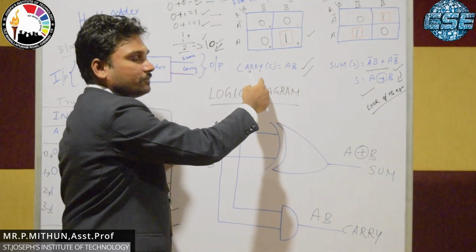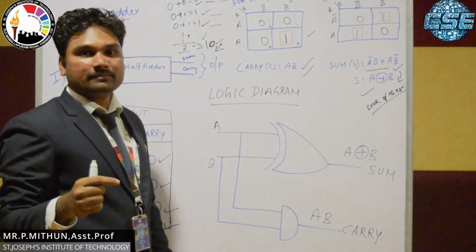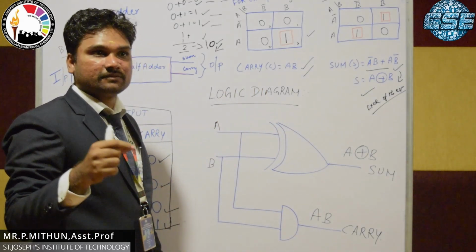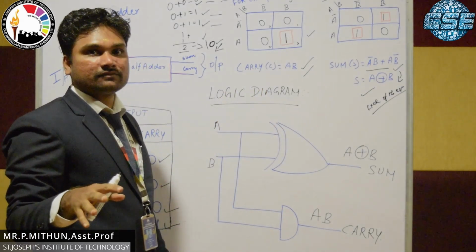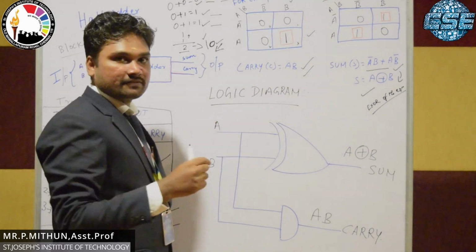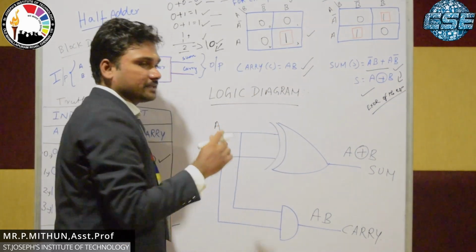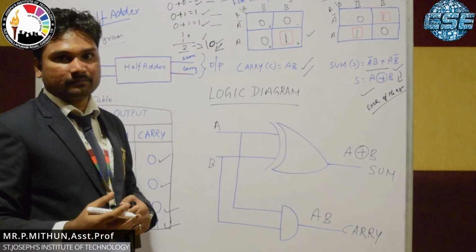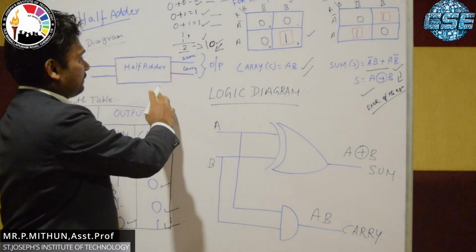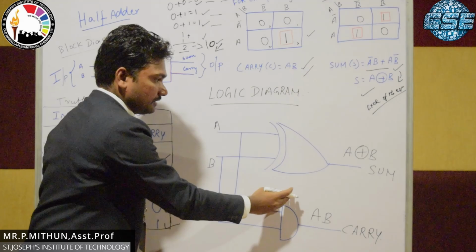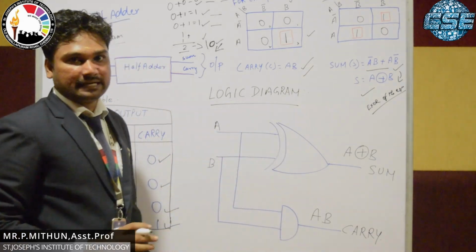From the K map we get the variables, that is, from the variables we create the equation for the logic diagram. From the logic diagram we can represent the half adder working module. So from the block diagram we conclude with the logic diagram.